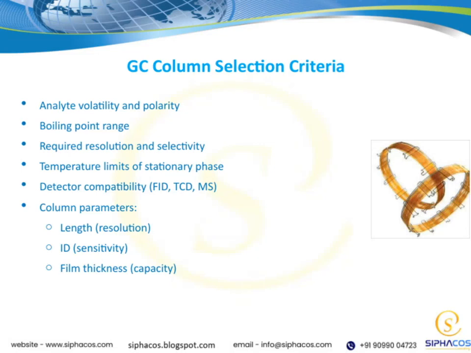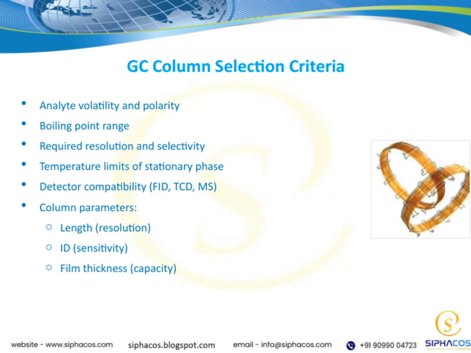Let's take a closer look at how we select the right GC column for our analysis. First, we need to consider the analyte's volatility and polarity, because these factors influence which stationary phase will provide the best separation. Next, the boiling point range of our analytes is important. They help us determine whether the column can handle the temperature range needed without degradation. Another critical aspect is the resolution and selectivity required for our analysis.